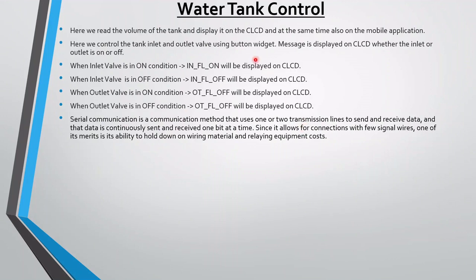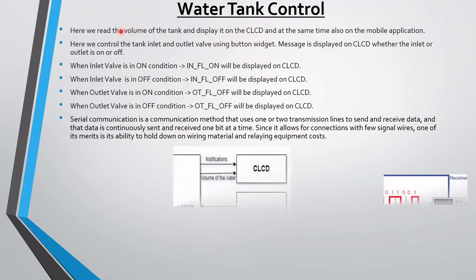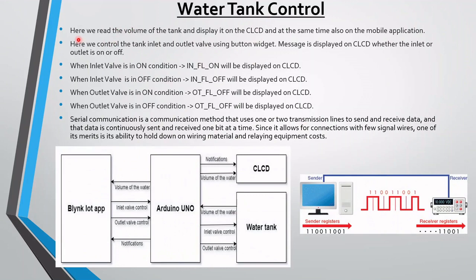Next is water tank control. Here we read the volume of the tank and display it on the CLCD and, at the same time, also on the mobile application. Here we control the tank inlet and outlet valve using button widgets. A message is displayed on the CLCD whether the inlet or outlet is on or off.